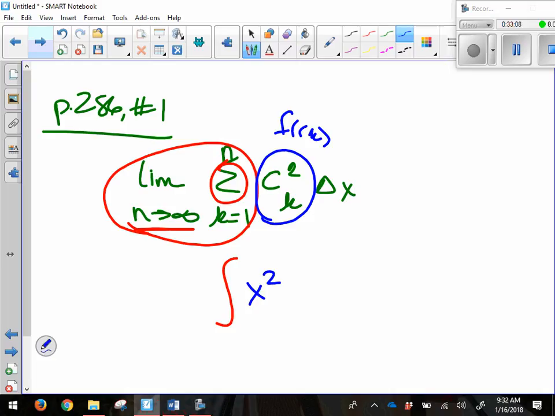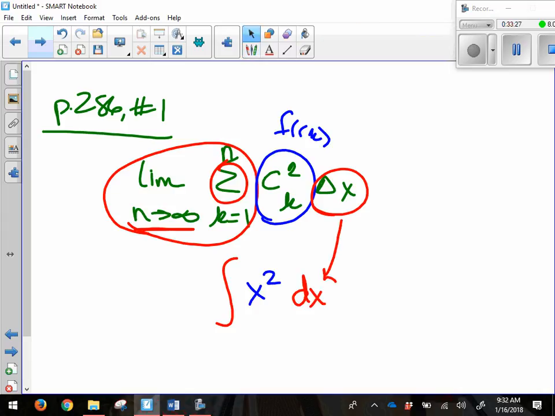Okay, because I'm not picking individual ck's anymore. I'm going to use every x value that I have because I have an infinite number of subintervals. Okay. The delta x tells me that x is my variable of integration. So that's going to become my dx.